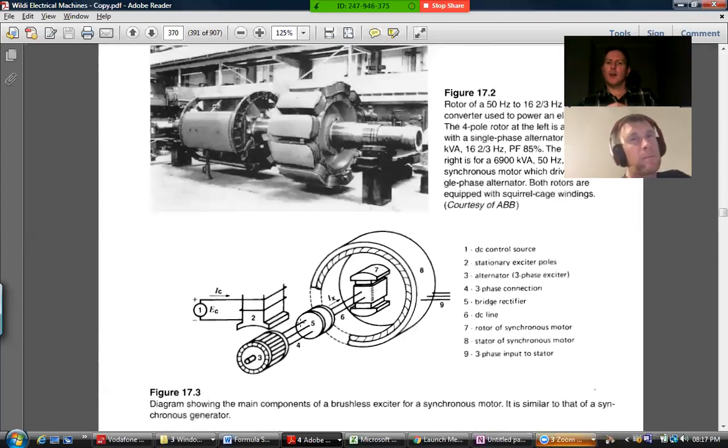Whereas other examples would have slip rings, where you would take the grid supply, 3-phase, you'd rectify it, and there'd be 2 slip rings.